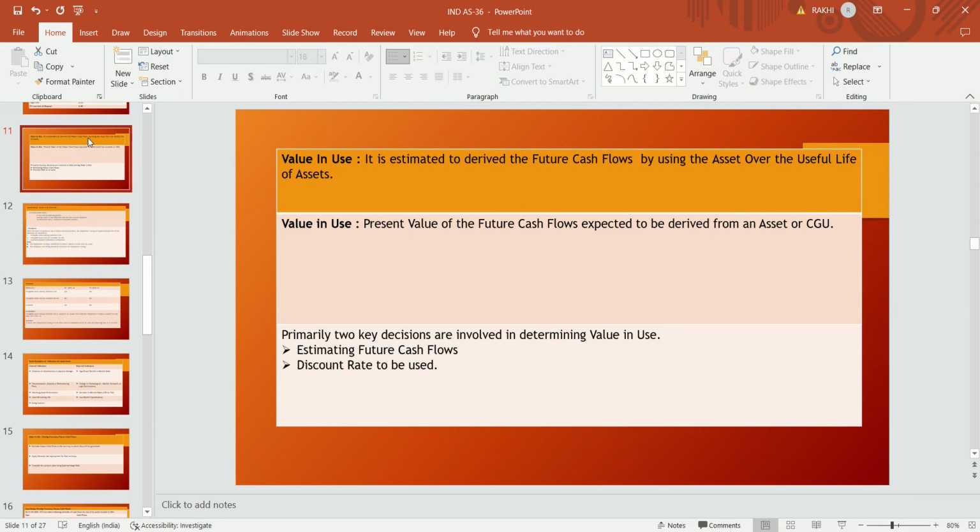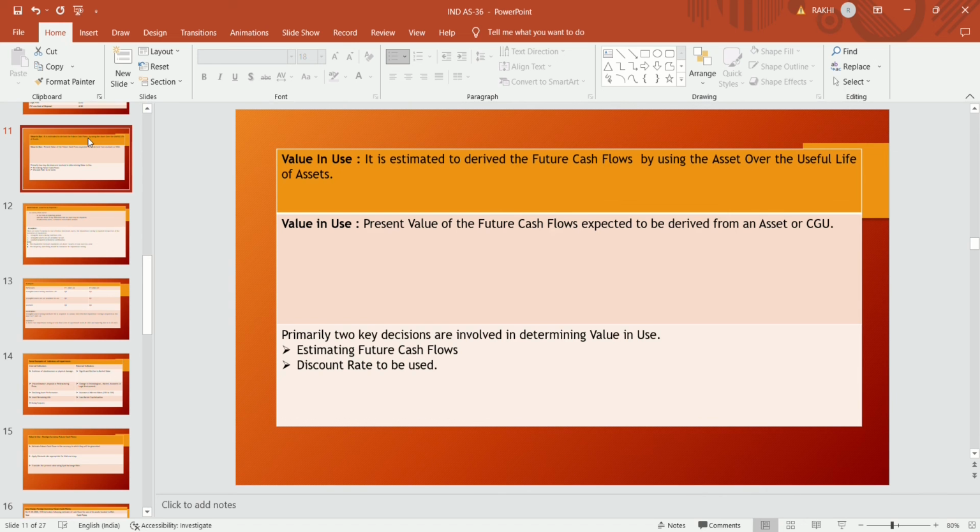How the company will generate the cash flow by usage of that asset is the value. It is the present value of future cash flow expected to be derived from the asset, from the individual asset, or from a cash generating unit, meaning a group of assets.